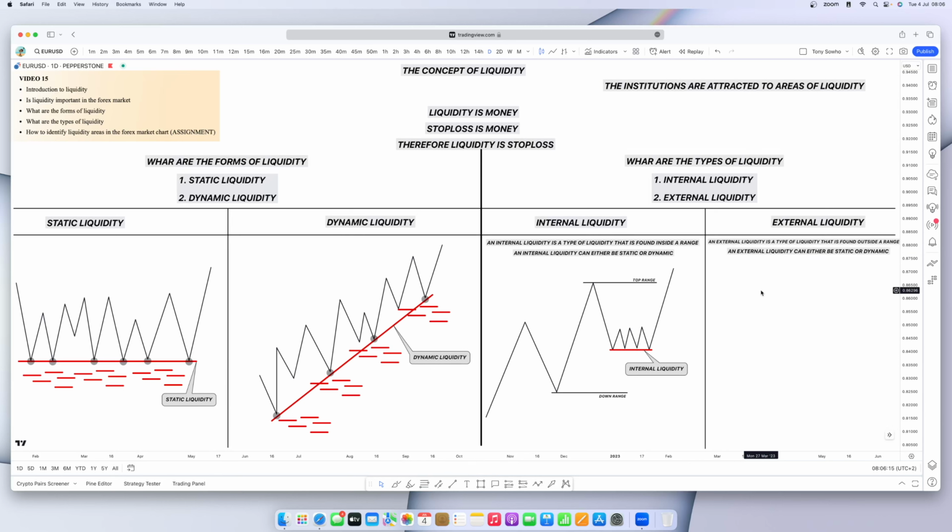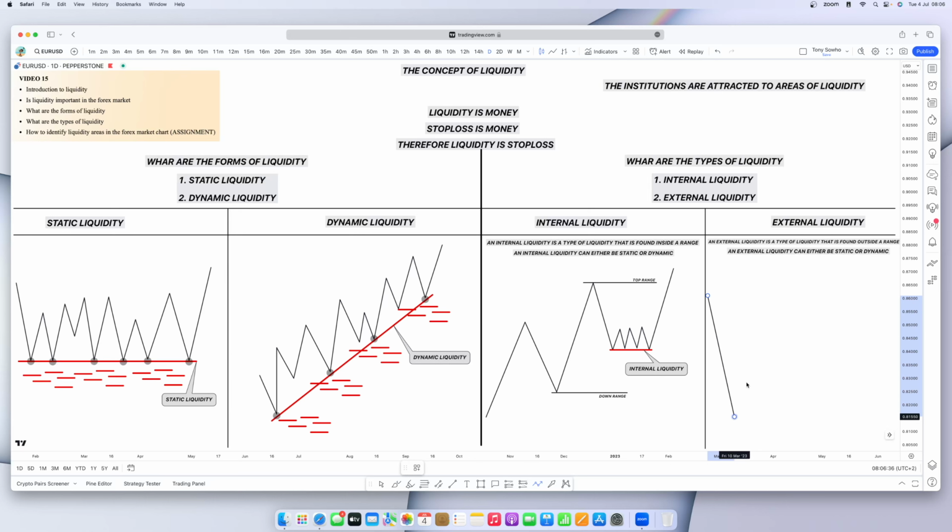So now let us draw an example of a static liquidity. Now, an example of an external liquidity. So in order to draw that, I'm going to do something like this. Price gives us this movement down, okay?